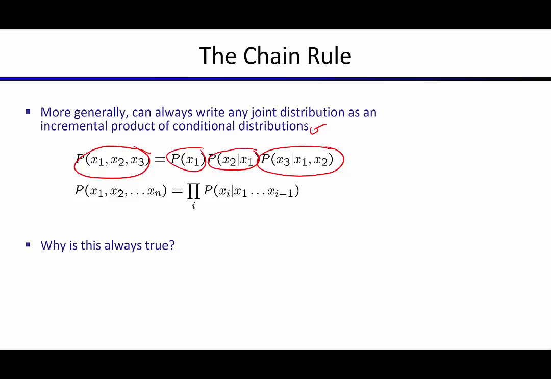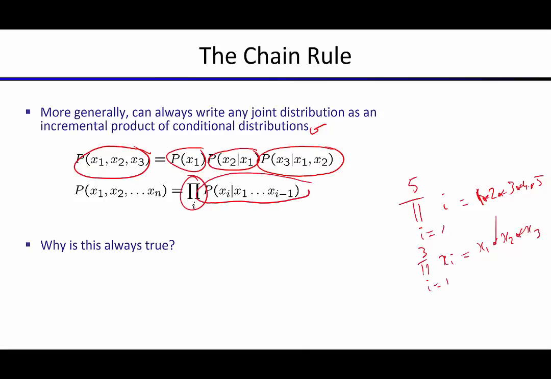This notation here, what this means, it's a product. So if I say, for example, product over i from 1 through 5 of, let's say, i, that would be the same as 1 times 2 times 3 times 4 times 5. If I say product i equal 1 through 3 of xi, that would be equal to x1 times x2 times x3. What we see here is a product of conditional distributions.